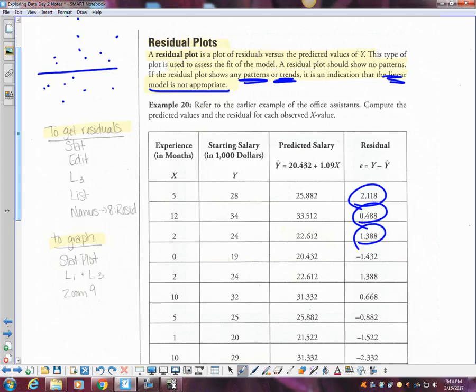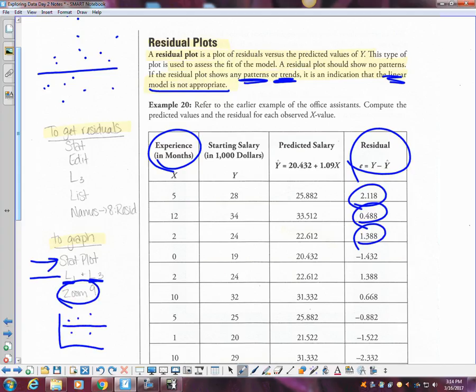Then to graph, turn your stat plot on, but you only want L1 and L3. And go Zoom 9, and you should see your residual plot. Okay, so practice that. Make sure you can do that, because you may need to create that on a free response question.